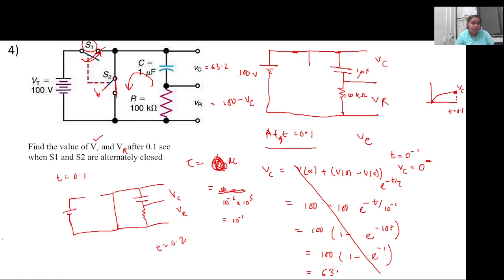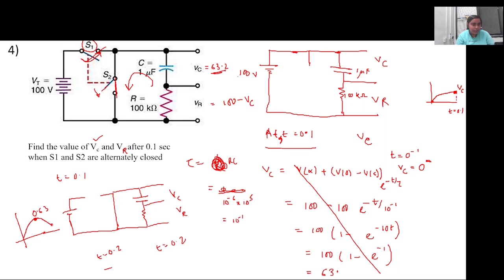So the waveform of VC will look like this: from 0 it will go up to 63.2, then it will come back to a certain value that you can calculate by putting t equal to 0.2 and subtracting the initial voltage that it had. Now it has an initial voltage of 63.2, right?